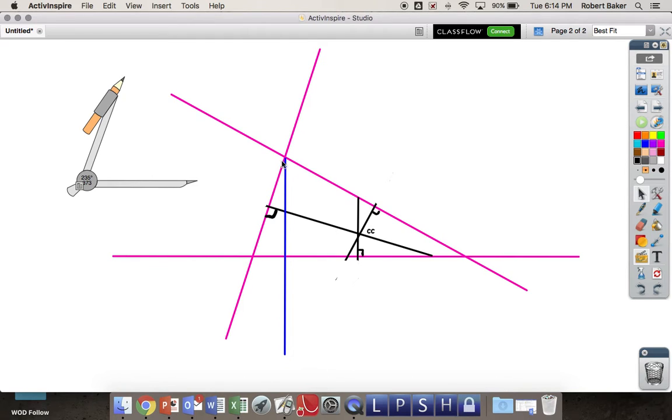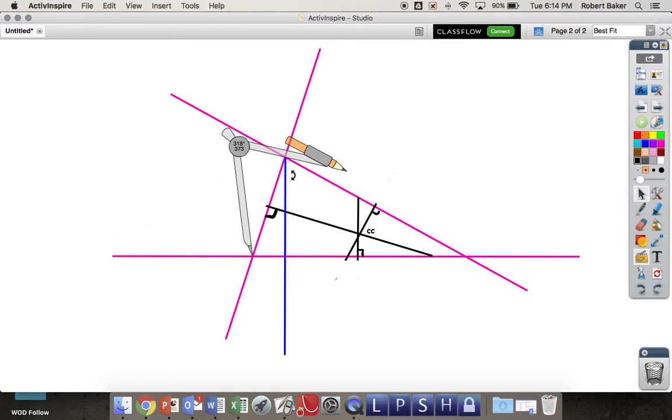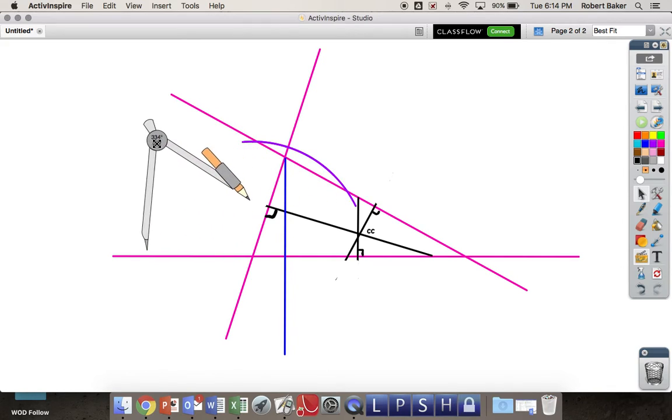So if I'm going to create an altitude for this side of the triangle, I'm going to put my pivot point on this vertex. Okay, verify that my pencil is somewhere, it doesn't matter where it is, below the line. I'm going to swing an arc to the left and swing an arc to the right. Now I have 1, 2 working points.